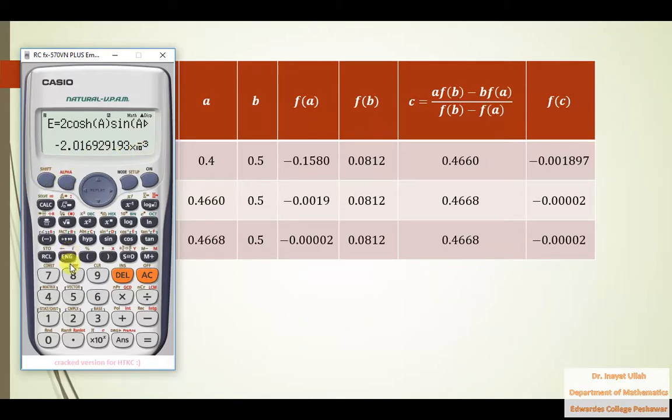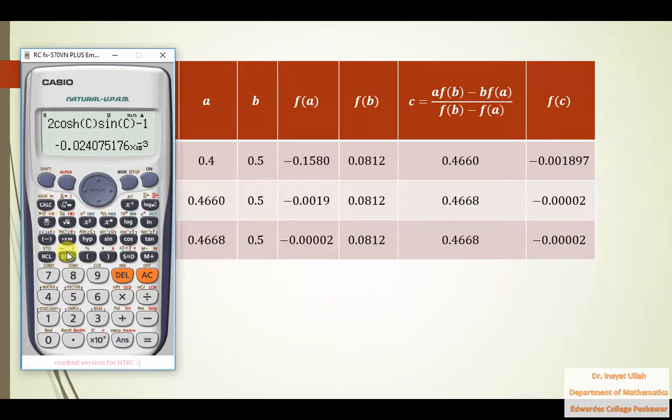So shift this button, now this is 10 power 0, so this is minus 0.0019. Then equals to, this is f, 0.0812 up to 4 decimal places, equals to, this is c, c is 0.4668, and equals to, this is f of c, so that is again 10 power minus 5.